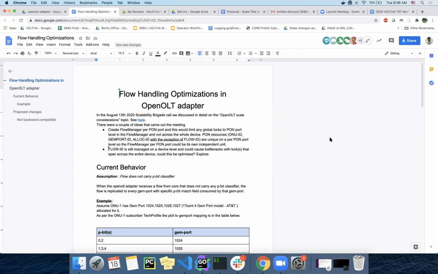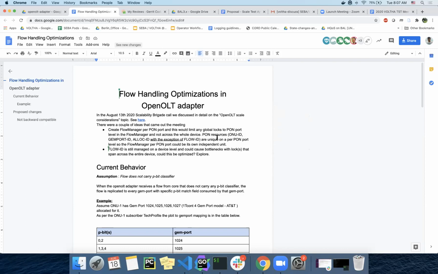So one was to create a flow manager per PON port, because we had some global locks across the entire OLT device, and we could limit that lock to the PON port if we created a flow manager per PON port.